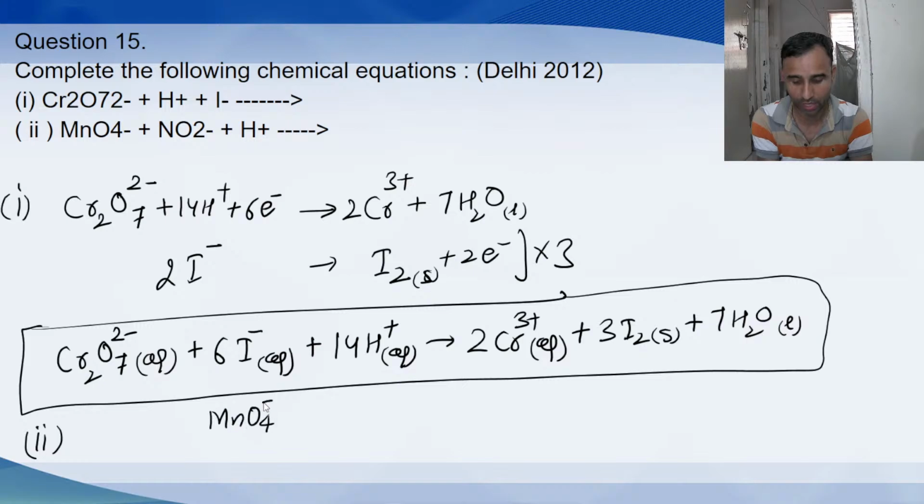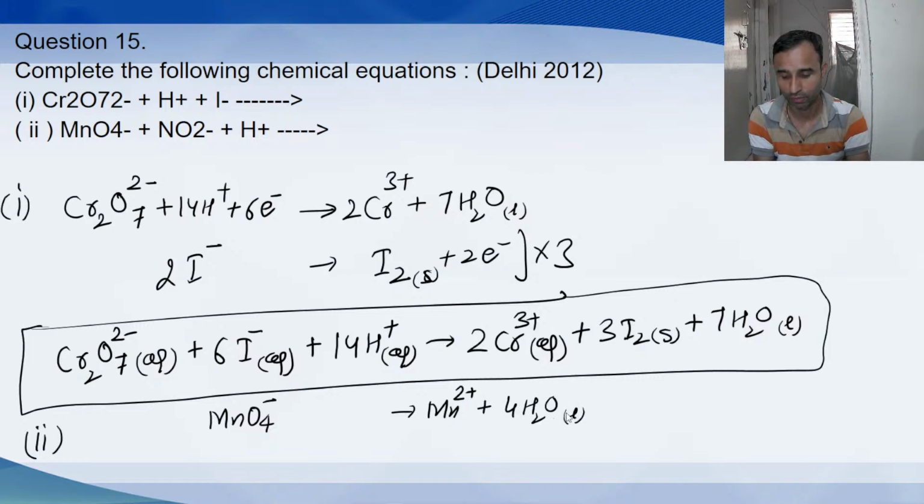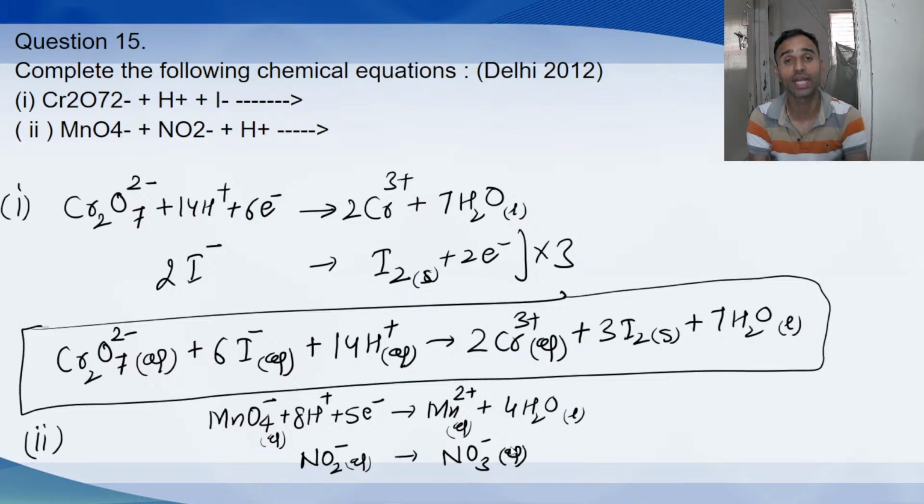In acidic medium, MnO4- ion will give Mn2+ plus 4H2O, with 8H+ and 5 electrons. NO2- aqueous will give NO3- aqueous.